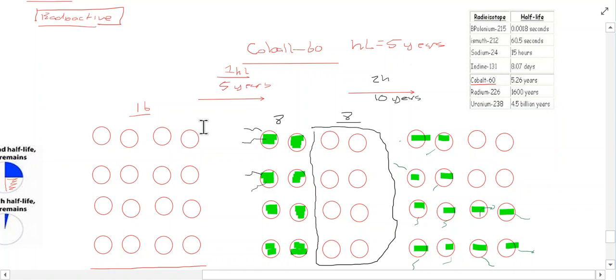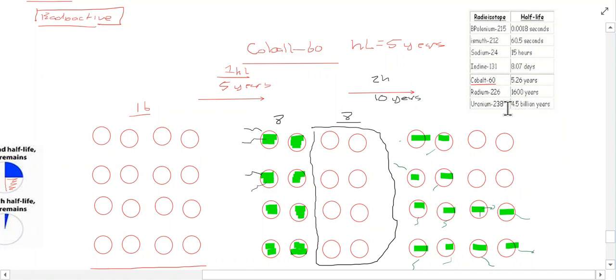So imagine we replace this number here of 5 years with 1,600 years. And then uranium, for example, is 4.5 billion years. That's a huge number. Another way to think about it is that your sample remains radioactive, or continues to give off radiation, for these long periods of time.